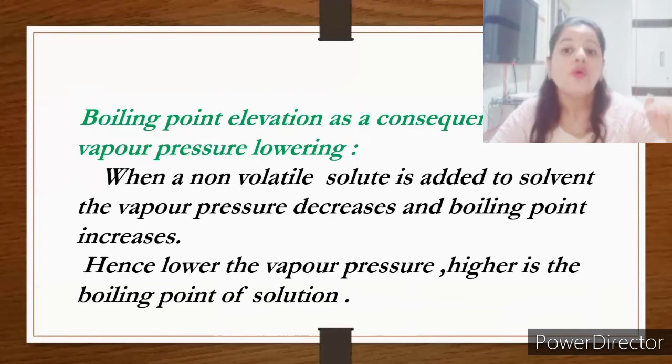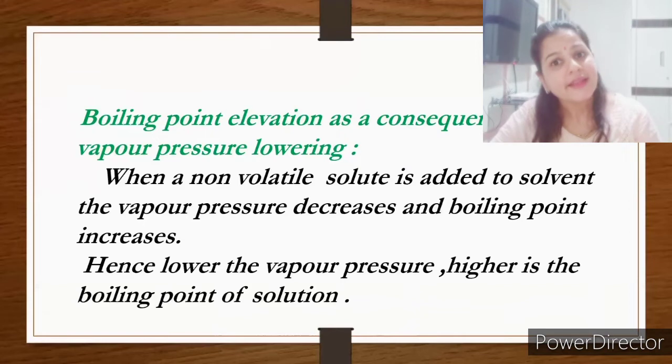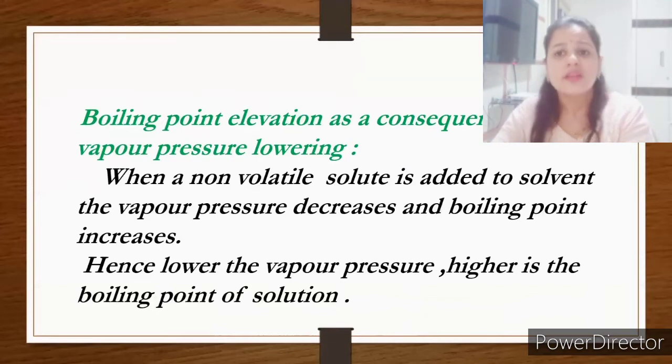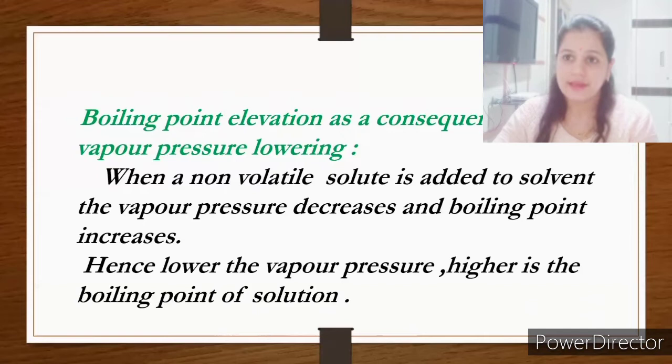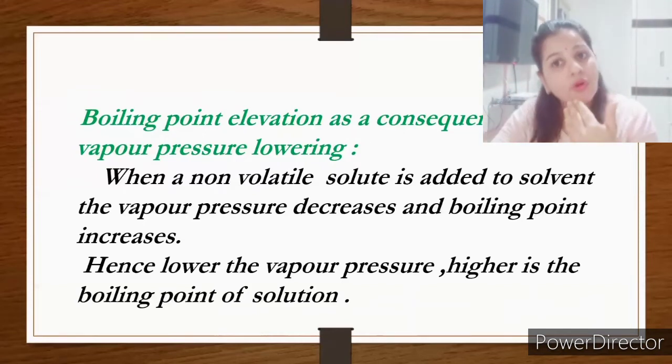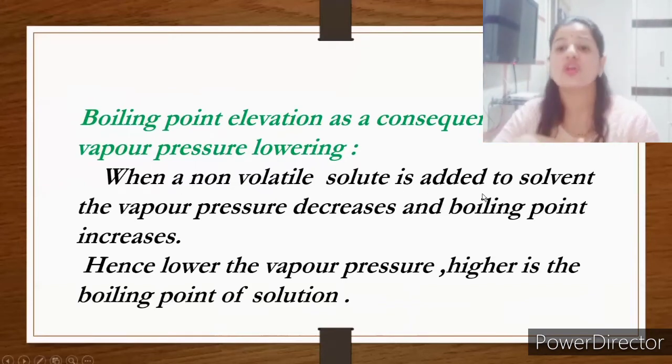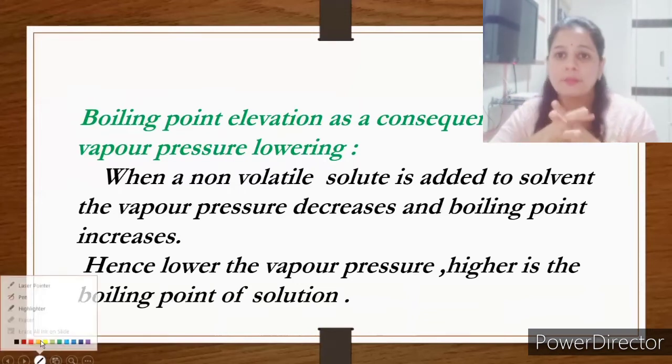So obviously the boiling point will increase. This is the relation between boiling point elevation and vapor pressure lowering. Once the vapor pressure is lowered, obviously the boiling point will increase, because lowering of vapor pressure means it will take more energy for the molecules to cope with the atmospheric pressure.